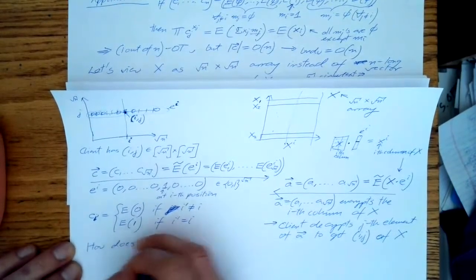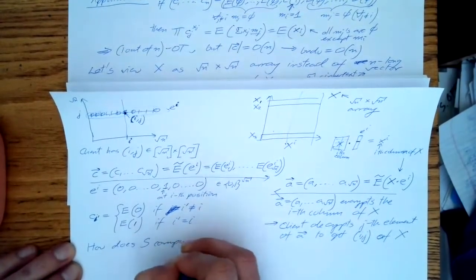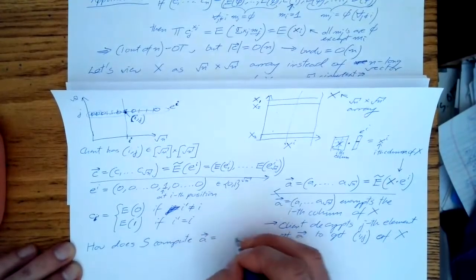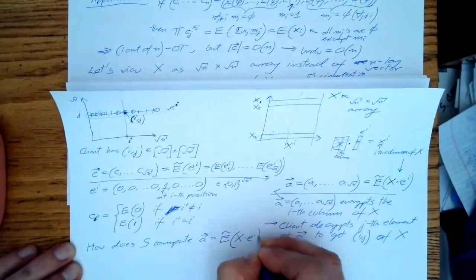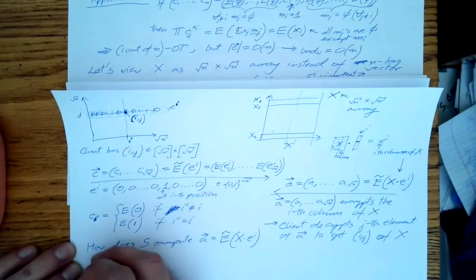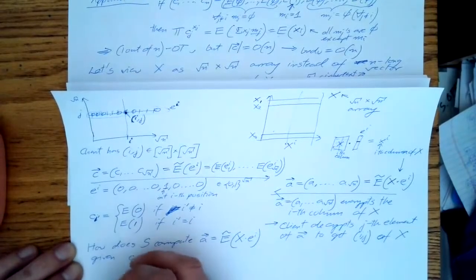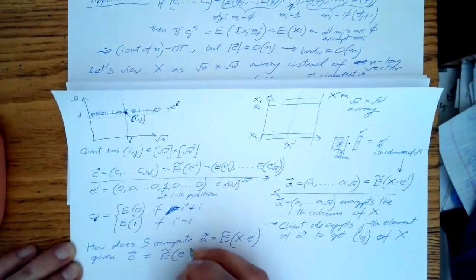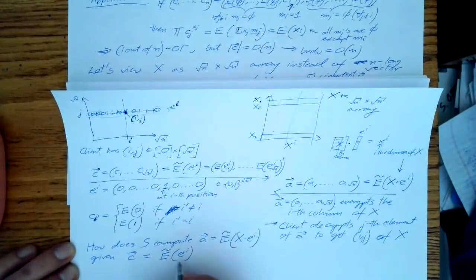Okay, so how does S compute A hat, which is this matrix vector product, given C hat, the vector which is this encryption of the indicator vector?